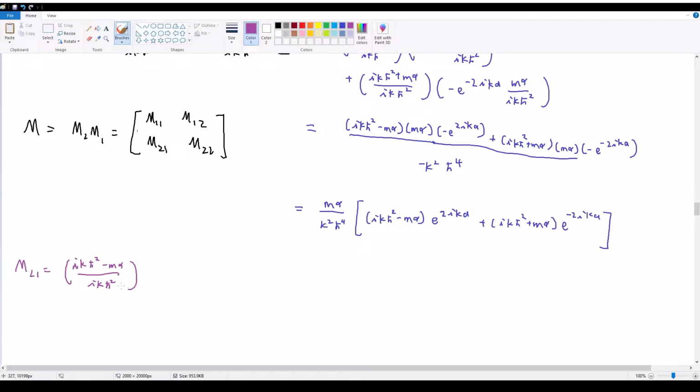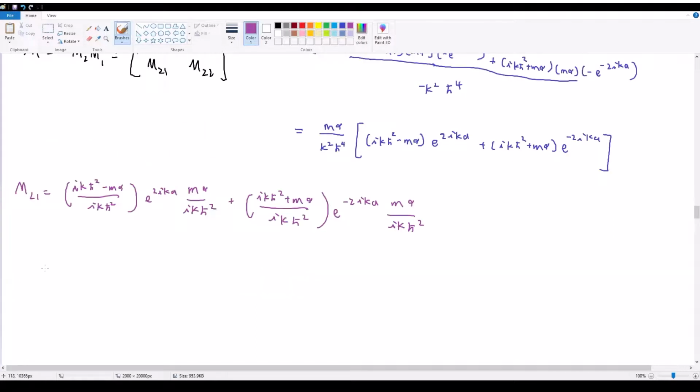then this is being multiplied by e to the 2ika times m alpha over ik h bar squared, and then plus ik h bar squared plus m alpha over ik h bar squared, and then multiplied by e to the negative 2ika times m alpha over ik h bar squared. So once again, common denominator.